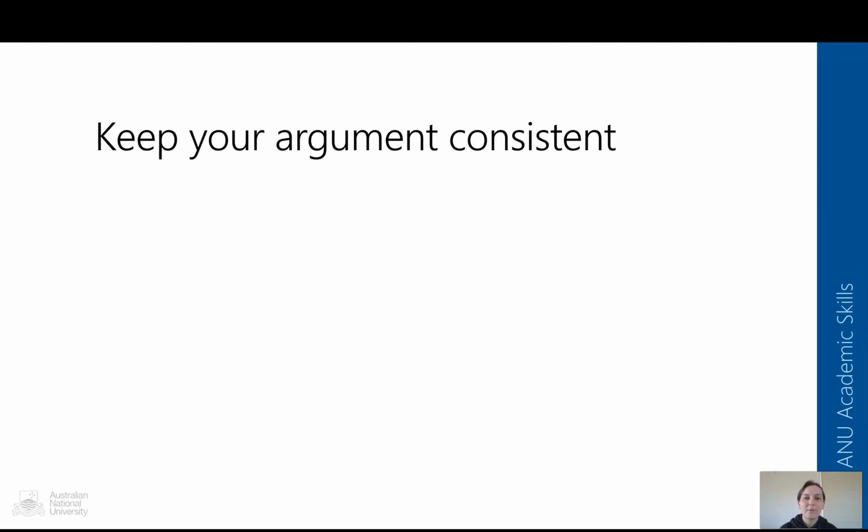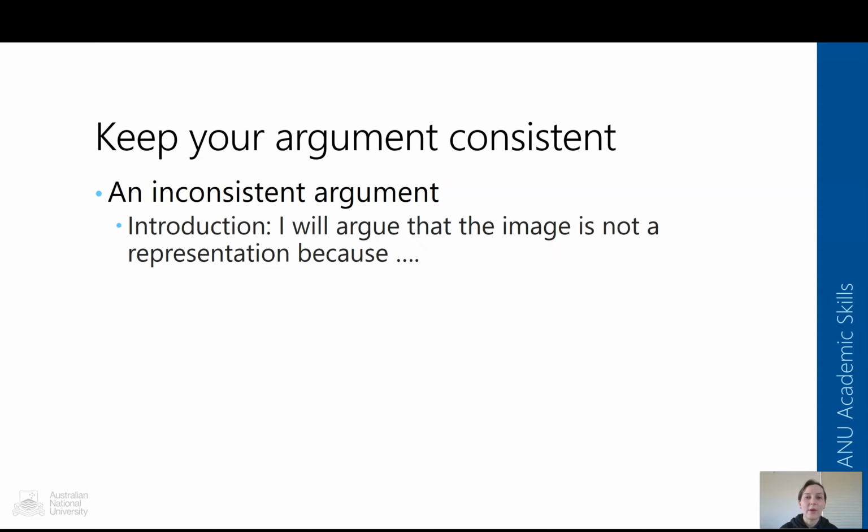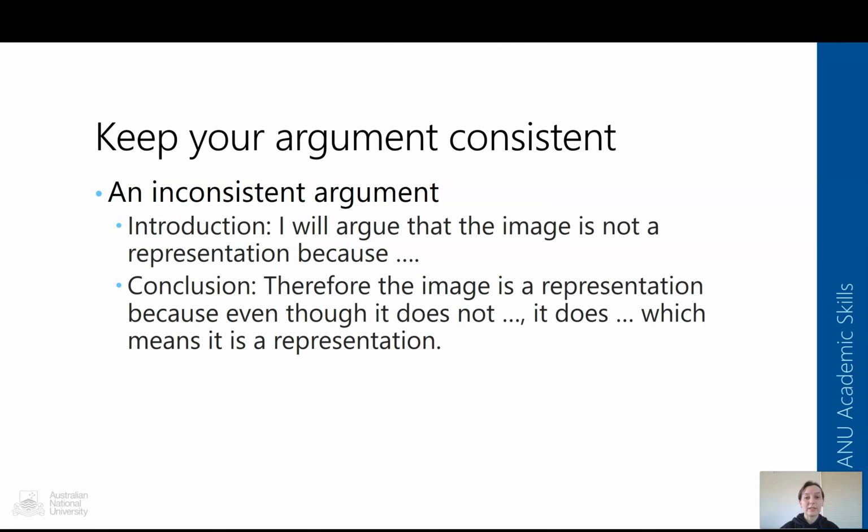Also, make sure that you keep your argument consistent. One of the common traps that people fall into is having an inconsistent argument where the introduction states something like, they will argue that the image is not a representation, but then in the conclusion they say the opposite, that the image is actually a representation even though it did something that was unexpected. So you want to keep your argument consistent. When you've written the whole draft, go back and proofread it.